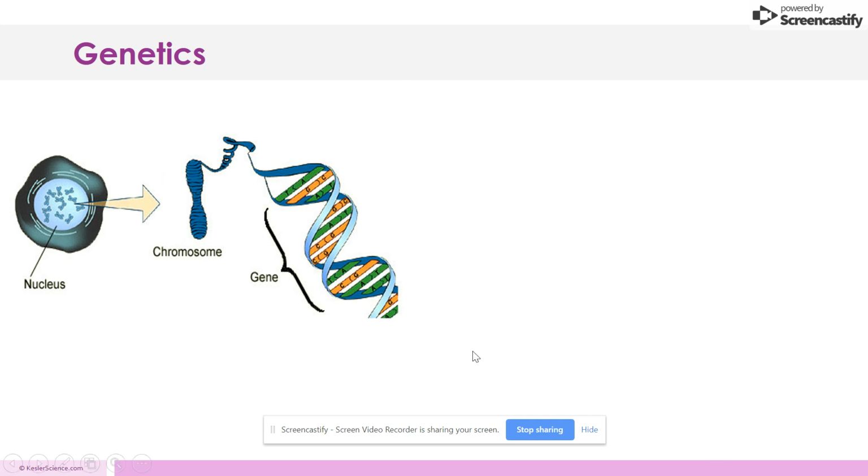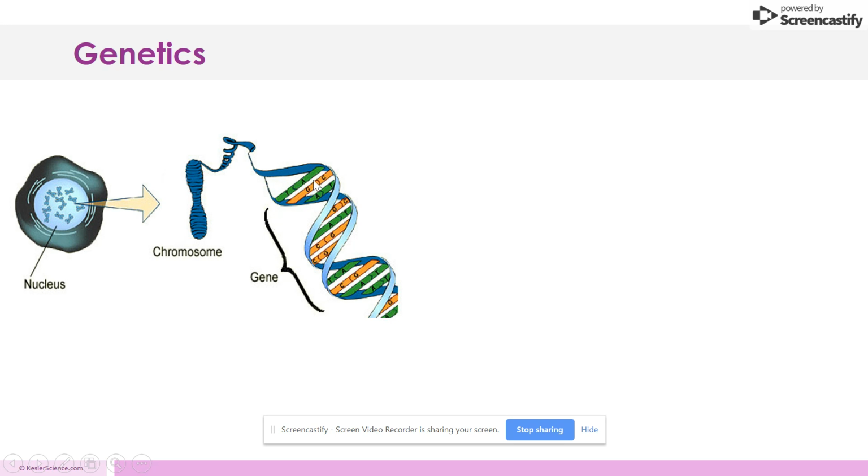The image here on the left is just a little review of what we've already learned. This whole section here is the cell. Inside the cell, we have a nucleus. Within the nucleus is where the chromosomes live. If we were to unwind the chromosomes and zoom in a lot, we would be able to see the strand of DNA.